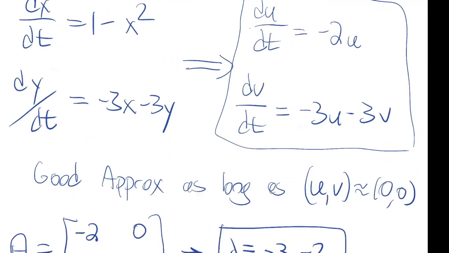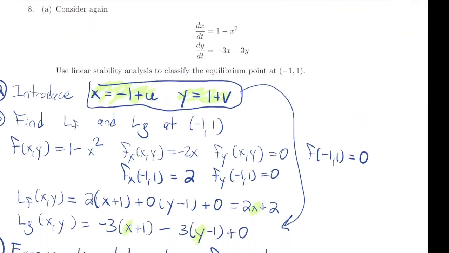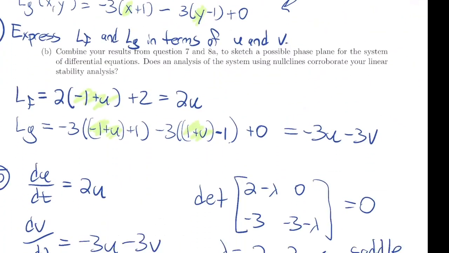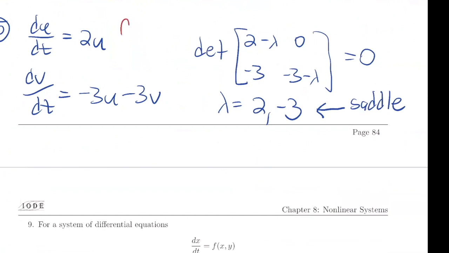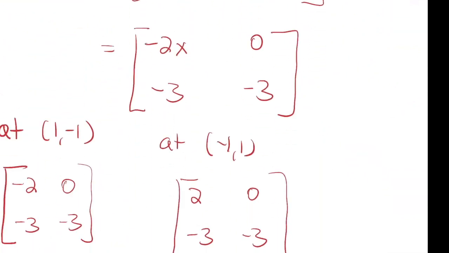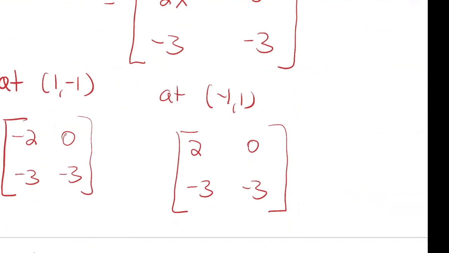In the case when we did it at minus 1, 1, we went through this whole process just to figure out that our matrix here was 2, 0, minus 3, minus 3. Both of those results are consistent with what we would have gotten if we had just used the Jacobian.